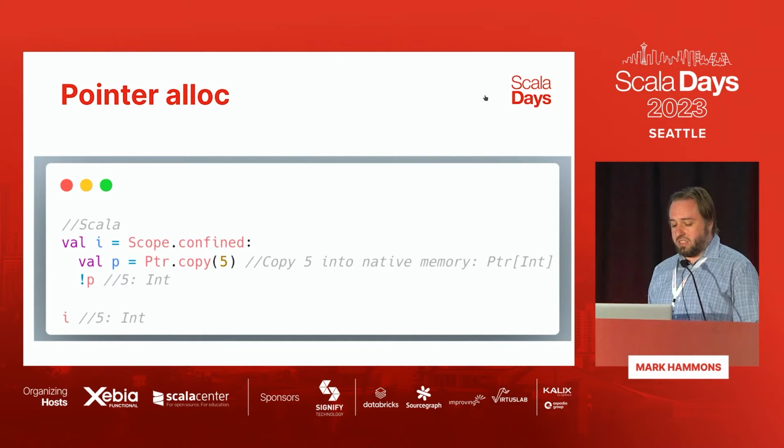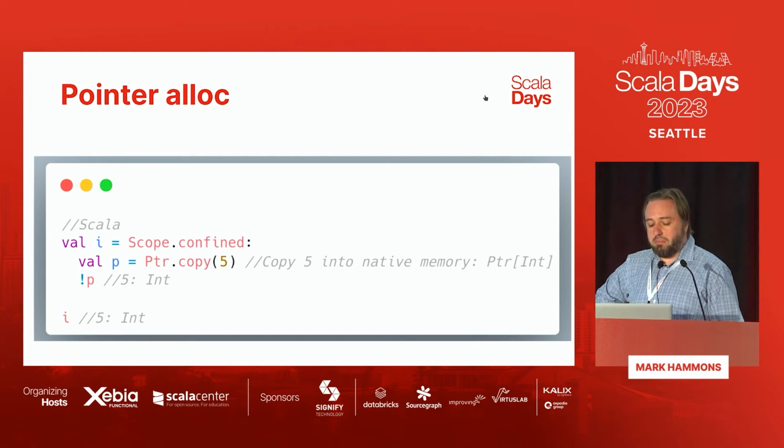Here in Scala with Slinc, we are allocating a pointer, and we do that by using something called a scope. This is the confined scope, which allocates memory that is confined to a specific thread. And we can copy data, specifically the value 5, into the native heap using this pointer.copy functionality, which produces a pointer of int.